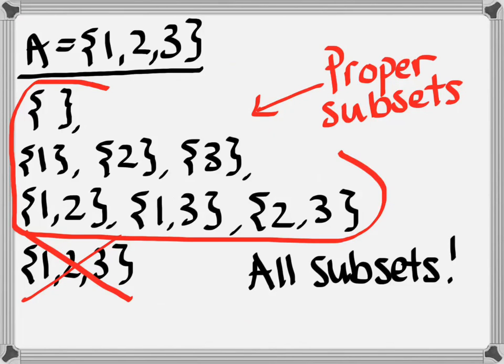A proper subset, again, is just a subset that isn't the whole set. So we take all the subsets and we throw out the one that's the whole thing. And when we count those, you see that we have 7. Now that makes sense, because almost all subsets are proper subsets. There's just one that isn't.